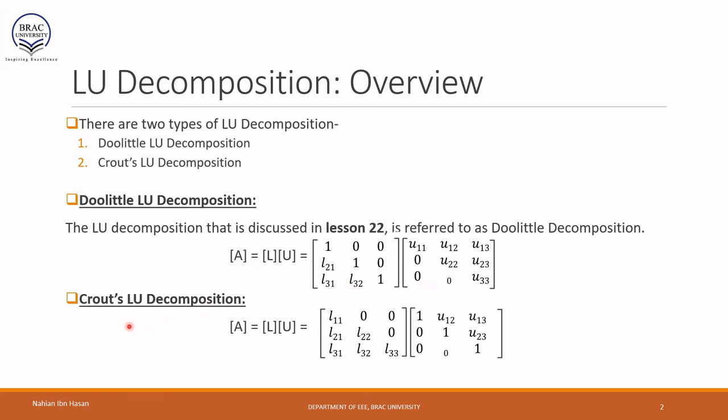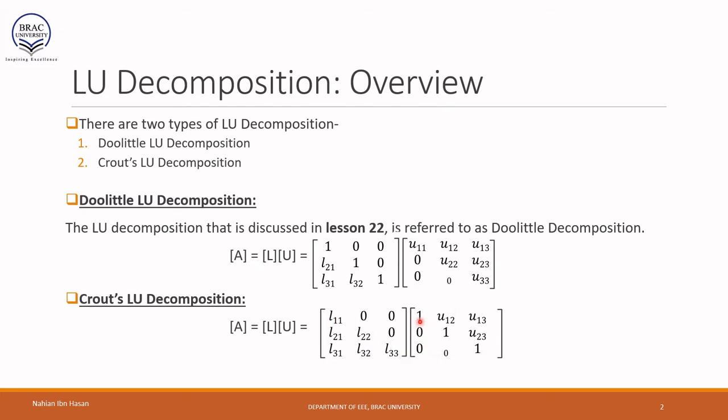But there is another type of LU decomposition technique which is known as Crout LU decomposition. In this case, the shapes of the two matrices, the lower triangular and upper triangular matrices, have some slight difference. For example, in the Crout LU decomposition, the principal diagonal elements of the lower triangular matrix are not 1.